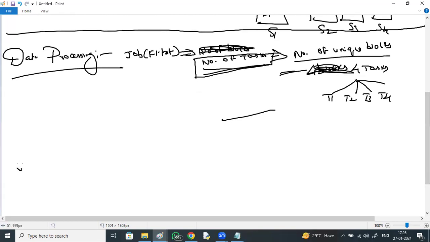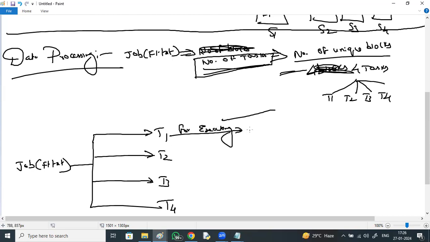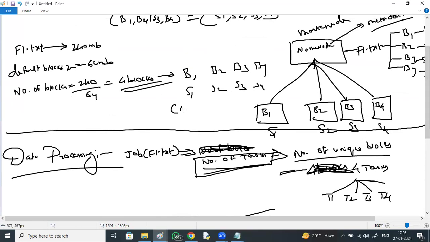Understand here, the job is to process f1.txt into how many tasks? T1, T2, T3, T4. T1 is for executing B1. Assume that B1 has 10 lakh records, B2 also has 10 lakh, B3 also has 10 lakh records.